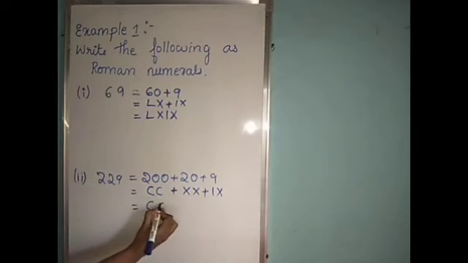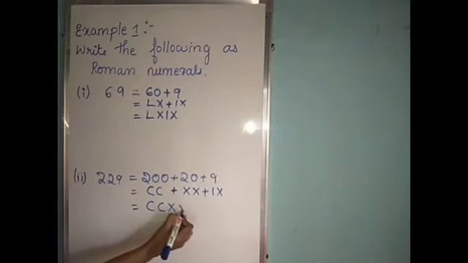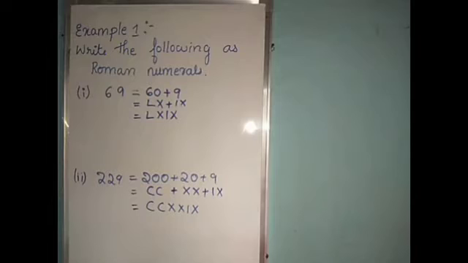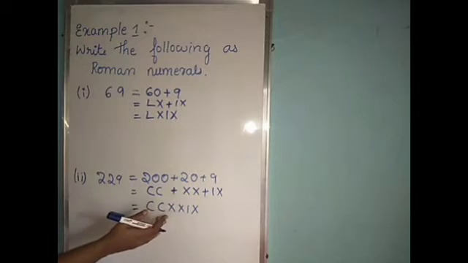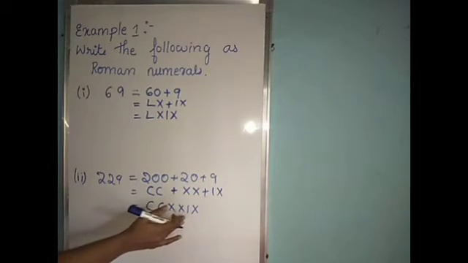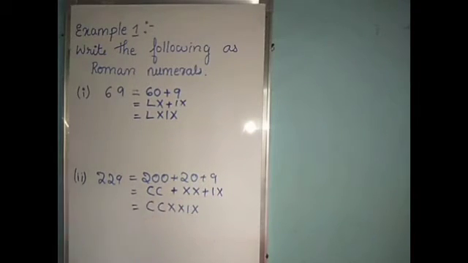So, CCXXIX. So, we can write 229 as CCXXIX in Roman numerals.